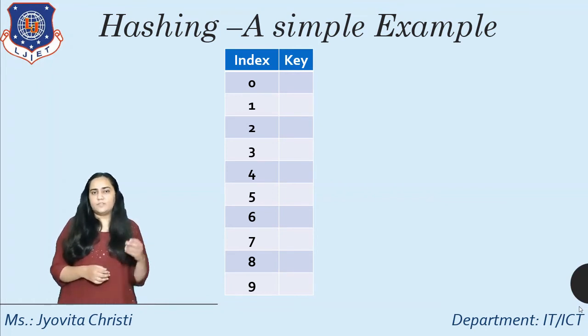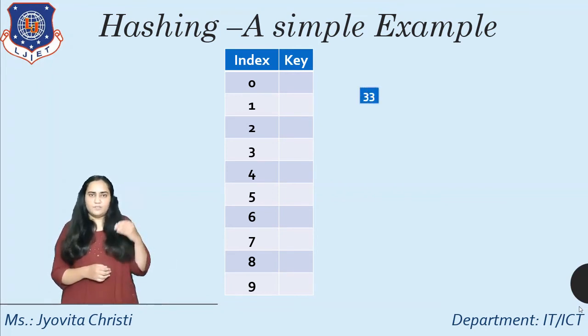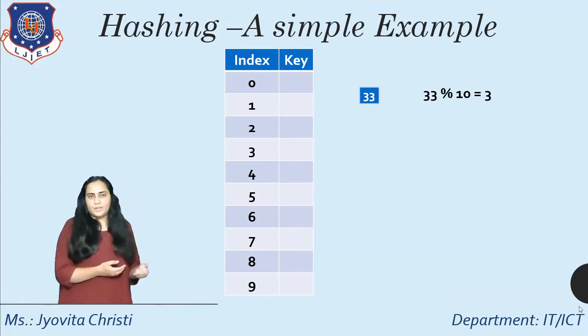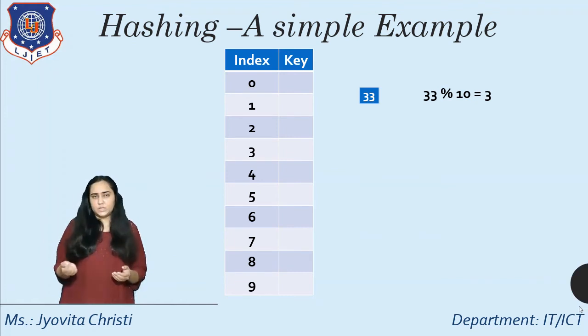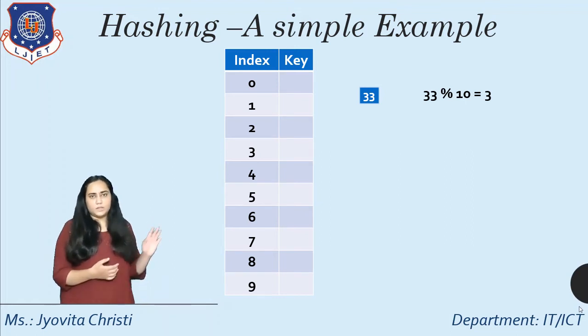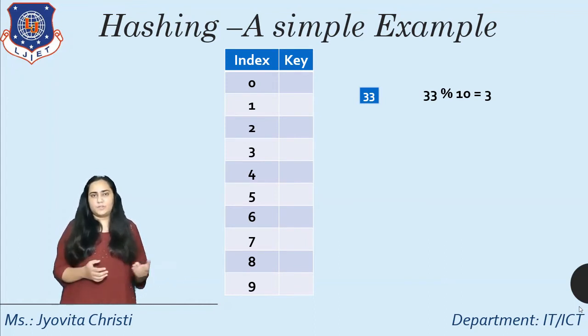If you pass a value to it, it is going to divide that value by the size of the table. And then whatever is the remainder, that will be the index in which you will store that key. I'll explain that in a little bit, but you just need to understand first the basic concept of what a hash function is.